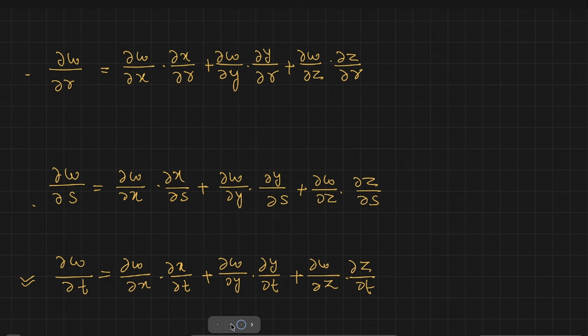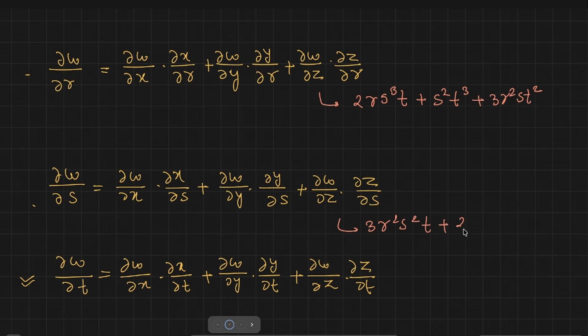The final answer for the partial derivative of this is 2rs³t + s²t³ + 3r²st². And for this the final answer is 3r²s²t + 2rst³ + r³t². While putting all these values, you will get both answers.